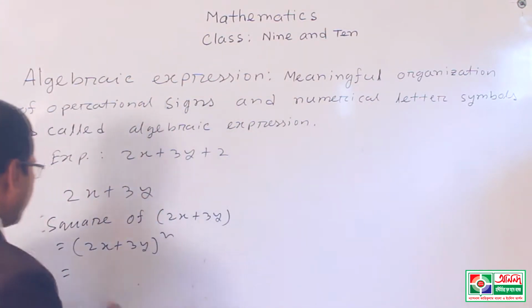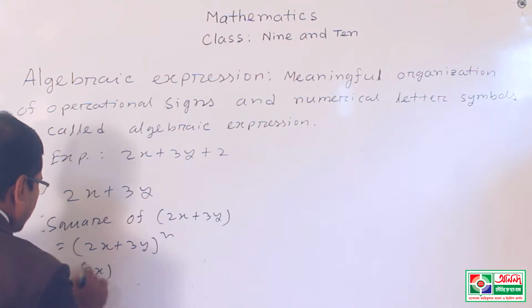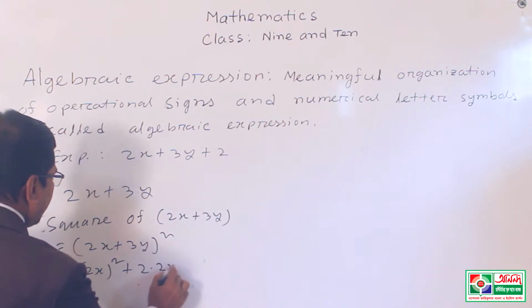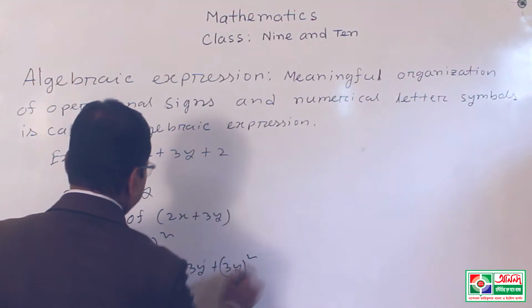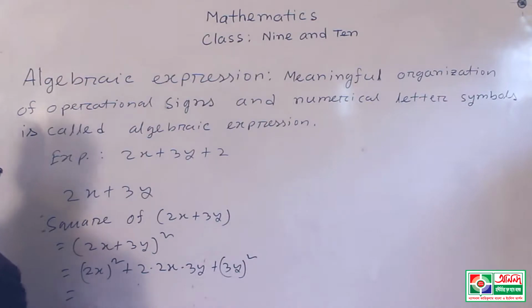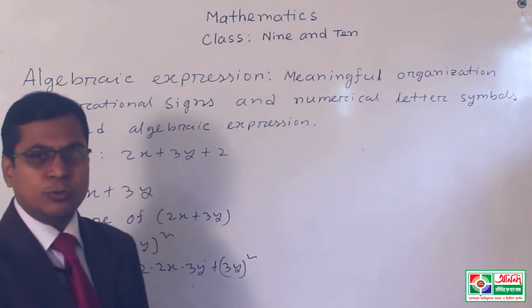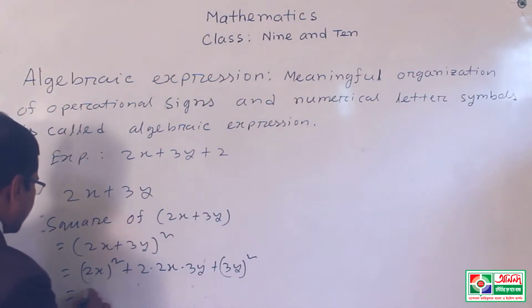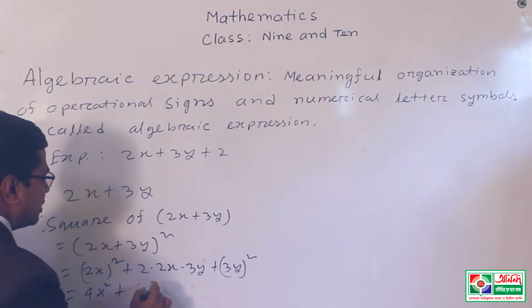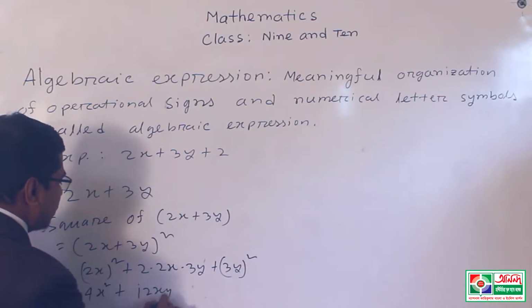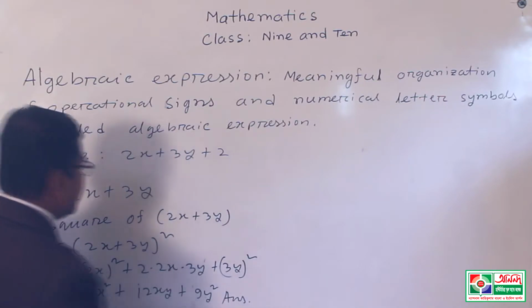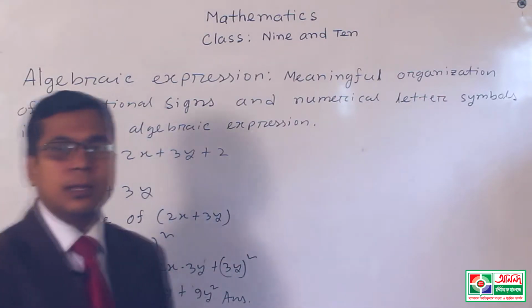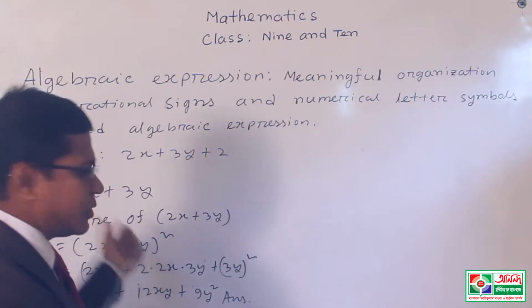So you can apply this formula: (2x) whole square plus 2 into 2x into 3y plus (3y) whole square, and then you can calculate it. (2x) whole square means 2x into 2x, so you can write 4x square plus 2 into 4, 4 into 3, 12xy plus 9y square. This is the answer of the square of this expression.